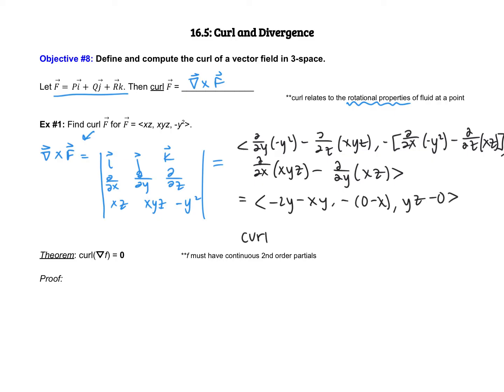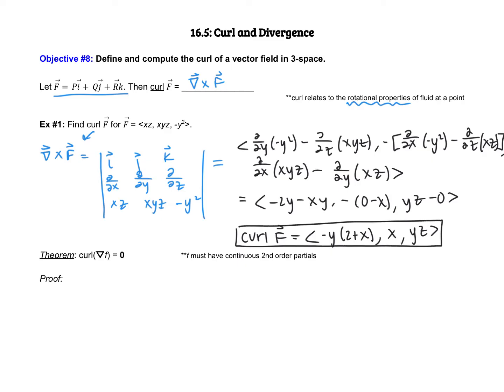So finally, that gives us the curl of F. If I factor out a negative y, that first component becomes 2 add x, the second component is x, and the last component is yz. Like we talked about earlier, remember, curl of F gives you a vector field.